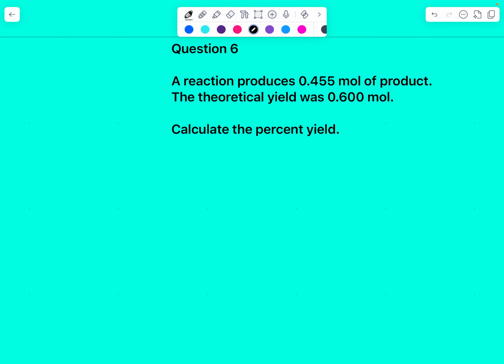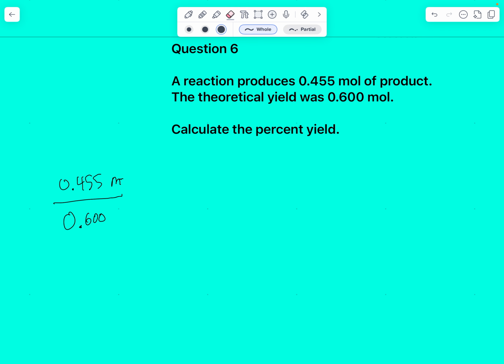A reaction produces 0.455 moles of product. The theoretical yield was 0.600 moles. Calculate the percent yield. Okay, so the theoretical yield, as we know, was 0.600, and we produced 0.455 moles of product, all right?